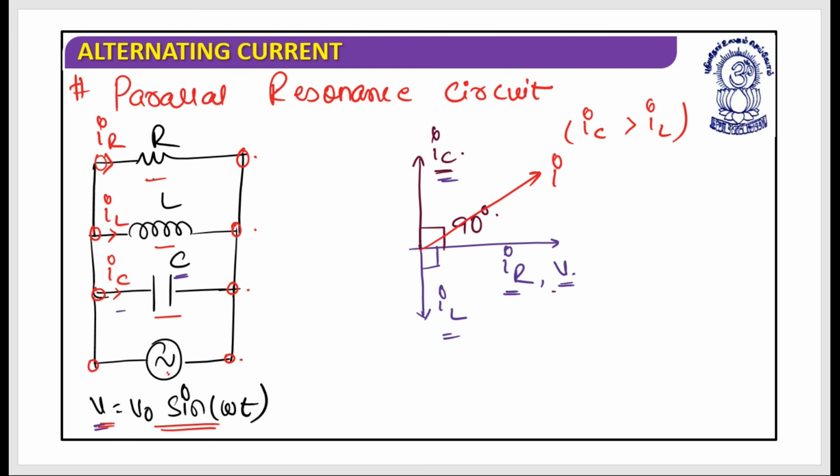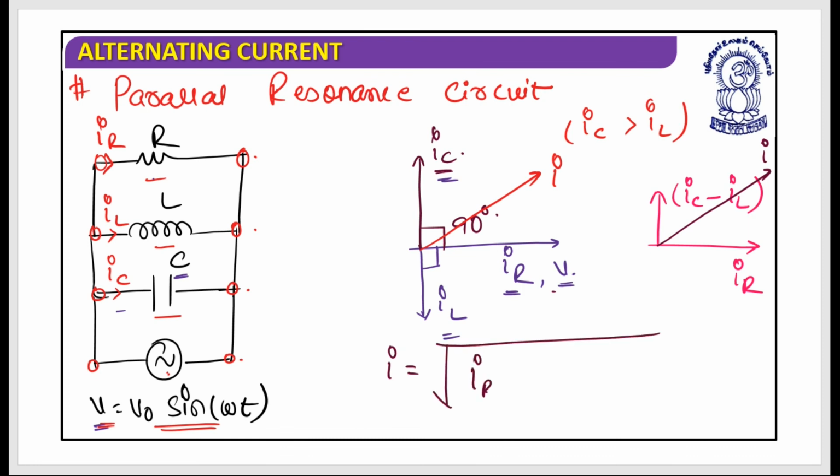So from this I have a situation where this is IR, this is IC minus IL, and this is I. So I equals the square root of IR squared plus (IC minus IL) squared.